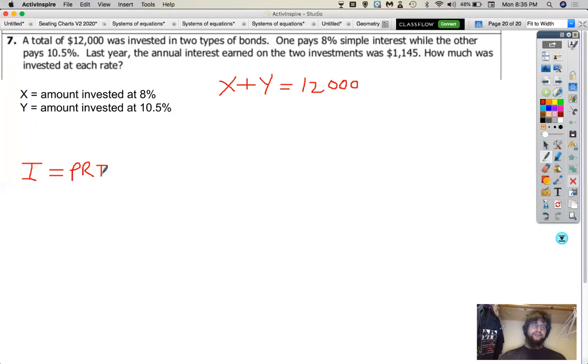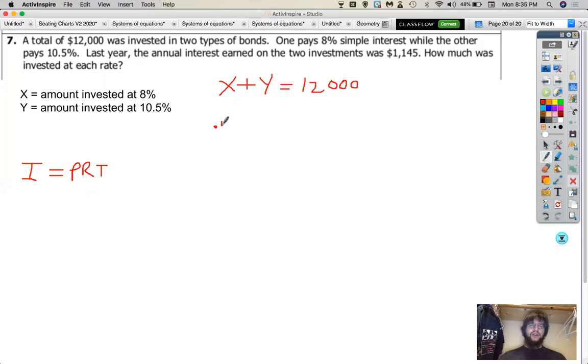PRT. Principal times rate times time. Now, last year, that means T is 1. So it's pretty much just P times R. So that means it's just our principal, the amount invested, that's our X and our Y, times R, the rate, the 8% and the 10.5%.